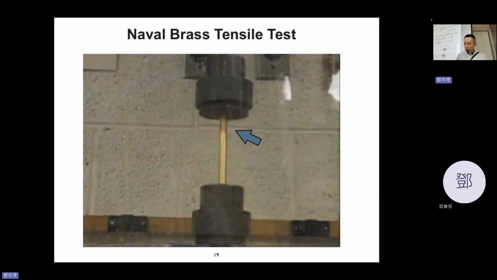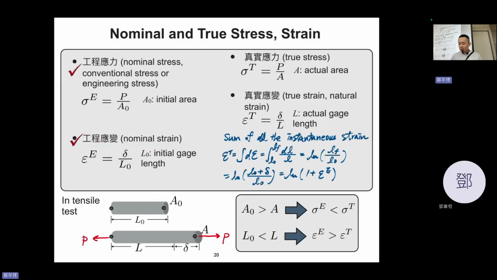And then we talk about the actual behavior, that the true stress uses actual area. So sometimes if you do the tensile test, the cross-section area will shrink. So it will obtain a higher, greater sigma T compared to sigma E. Okay, because E always uses the initial area.